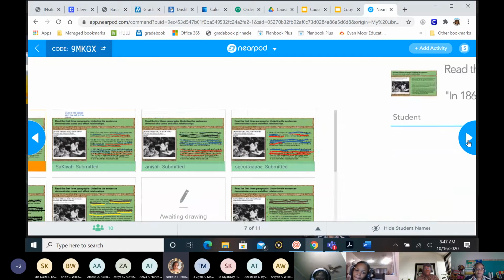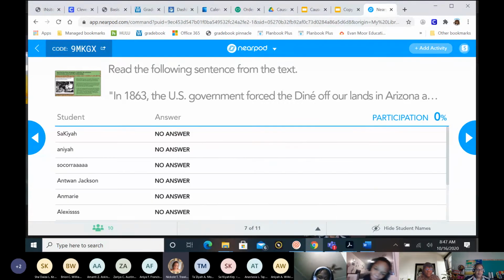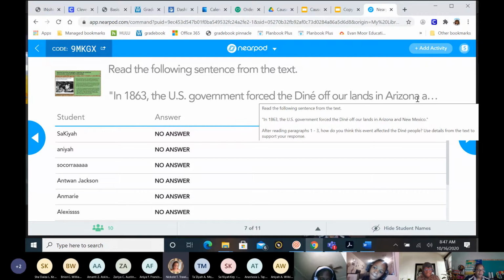So now we're going to move on to the next slide here. The slide says, read the following sentence from the text. In 1863, the U.S. government forced the Dene off their lands in Arizona and New Mexico. After reading the first three paragraphs, how do you think the event affected the Dene people?